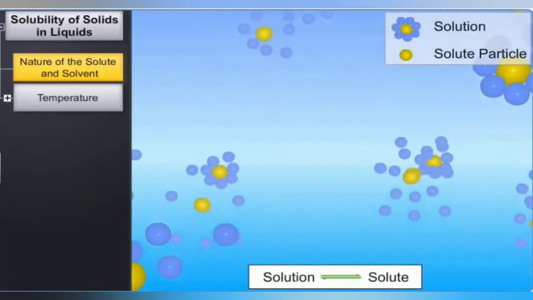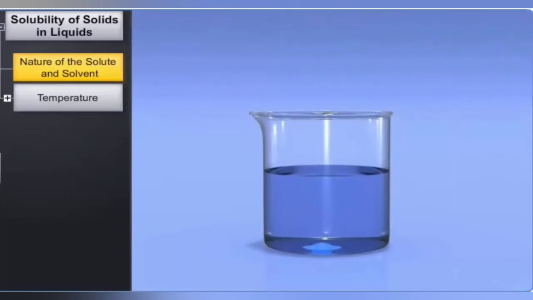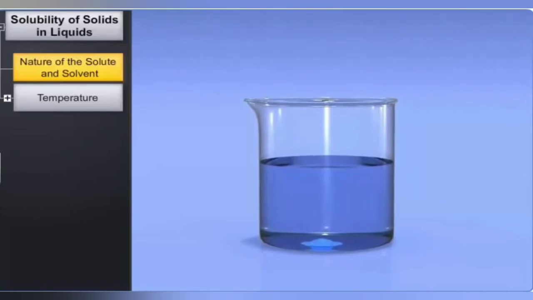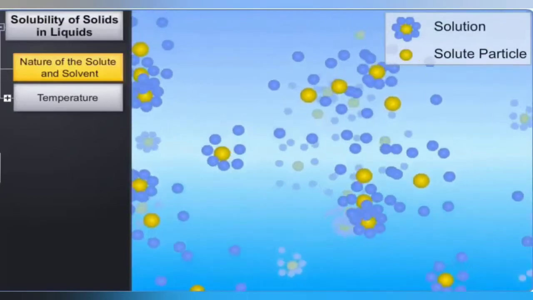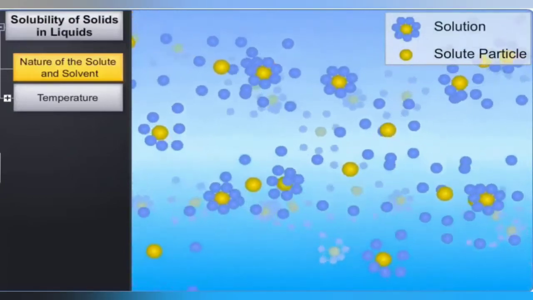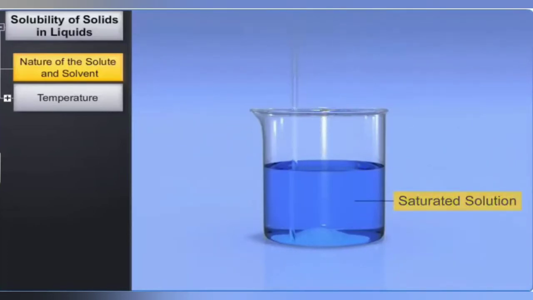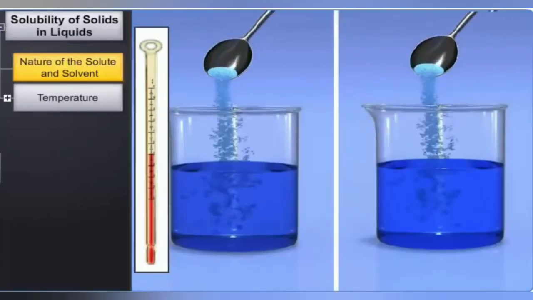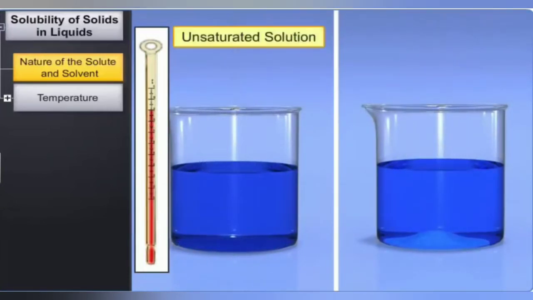Therefore, a solution in dynamic equilibrium with undissolved solute is a saturated solution and contains the maximum amount of solute dissolved in a given amount of solvent. The concentration of the solute in such a solution is its solubility. If any more solute is added to this saturated solution, it gets separated out and the process is called precipitation. On the other hand, a solution in which more solute can be dissolved at a specific temperature is called an unsaturated solution.